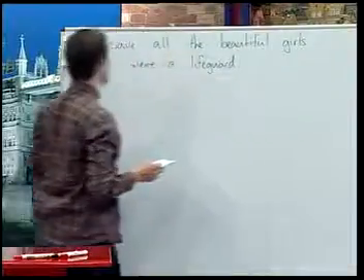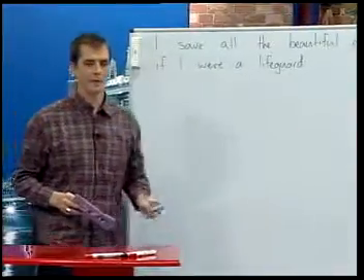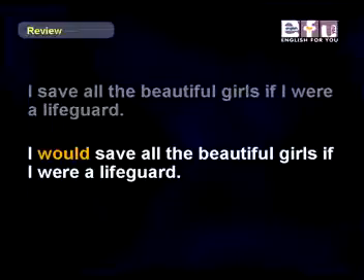I save all the beautiful girls if I were a lifeguard. What's the mistake? Okay. I would save all the beautiful girls if I were a lifeguard. Good. I would save all the beautiful girls if I were a lifeguard.